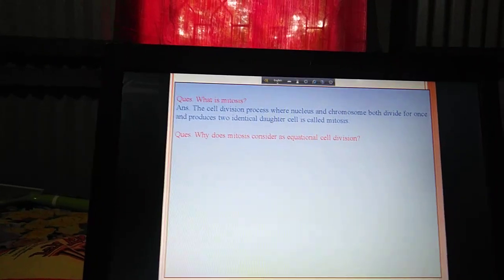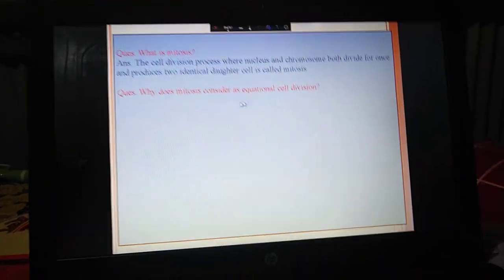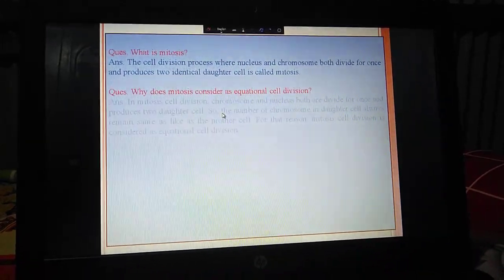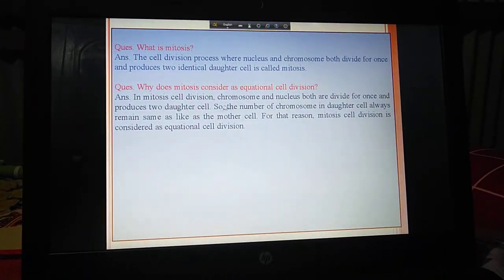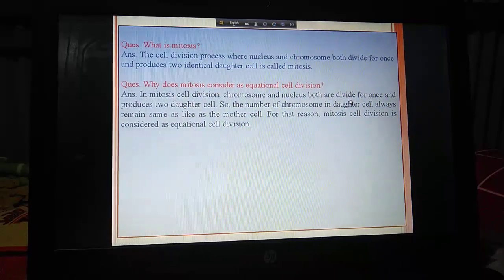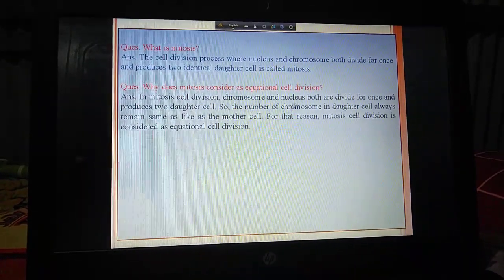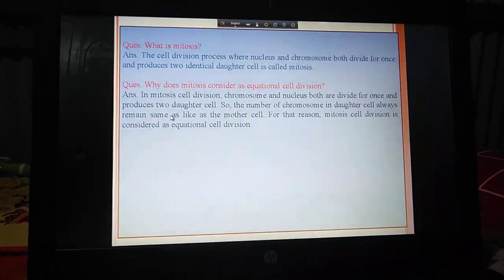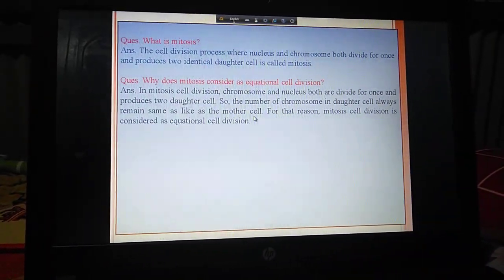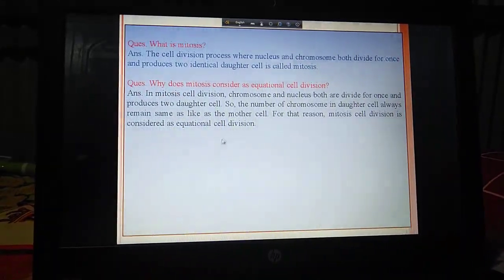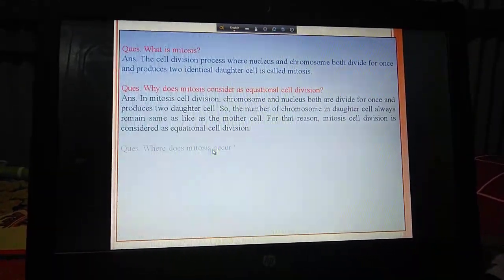So for that reason, mitotic cell division is considered an equational cell division. This is the answer. In mitotic cell division, chromosome and nucleus both divide once and produce two daughter cells. The number of chromosomes in the daughter cell always remains the same as the mother cell. For that reason, mitotic cell division is considered an equational cell division.